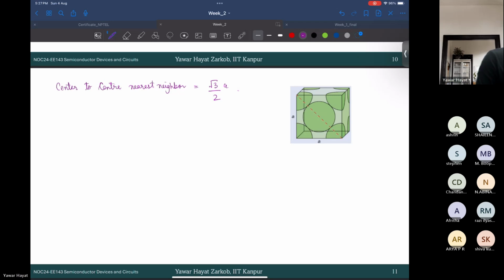Now, we computed the center to center nearest neighbor distance, right? Now, what is the radius equal to? What should the radius be equal to? Radius should be half of that, right? Radius would be root 3 by 2A whole divided by 2, which is root 3A by 4.